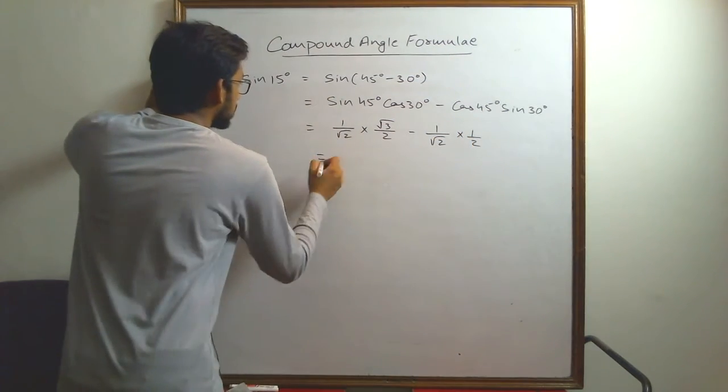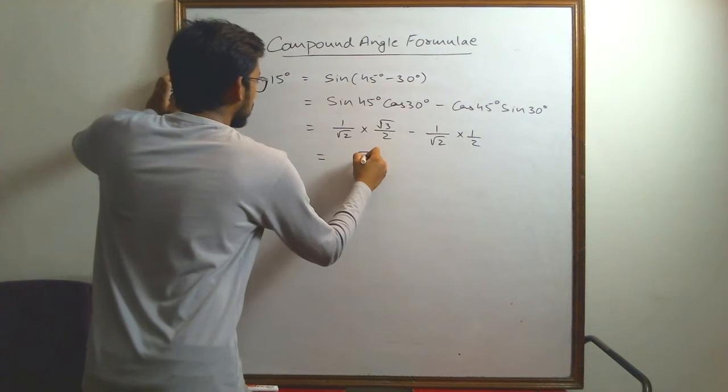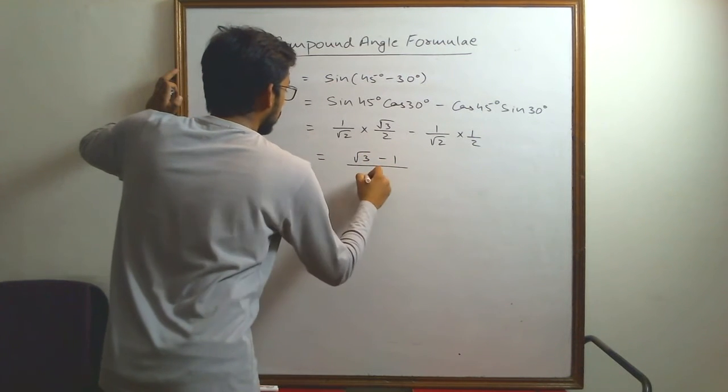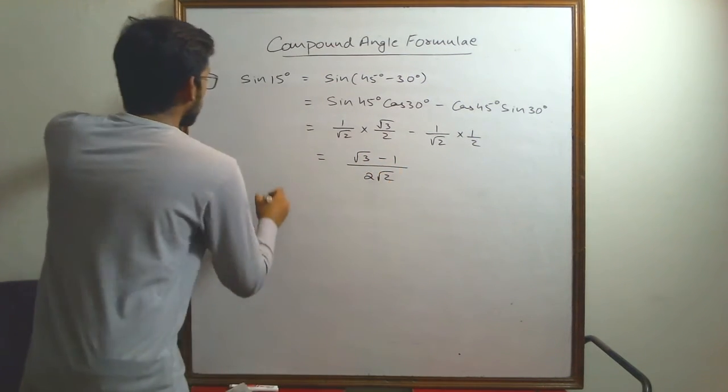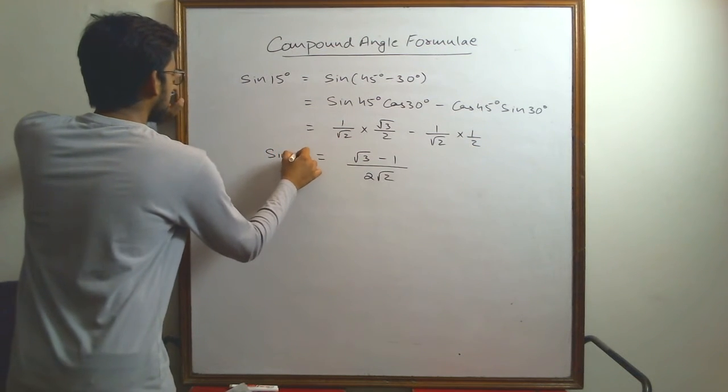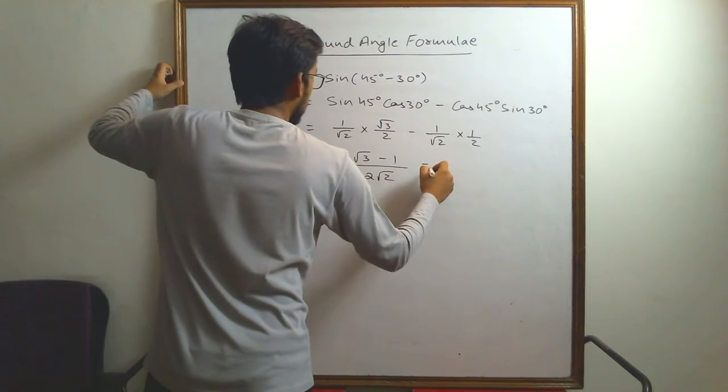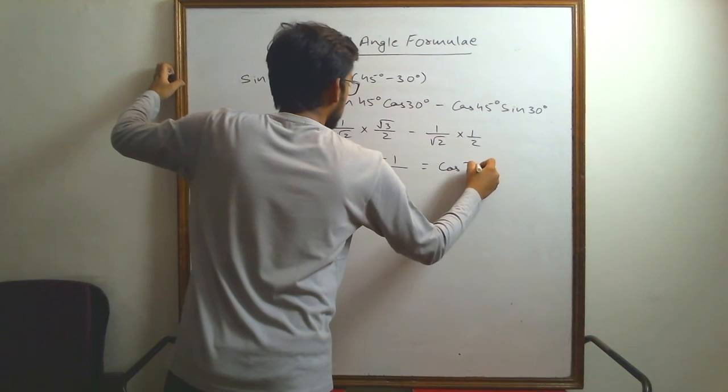So we get this is equal to root 3 minus 1 upon 2 root 2, which is the value of sine 15 degree, and it is also the value of cos 75 degrees.